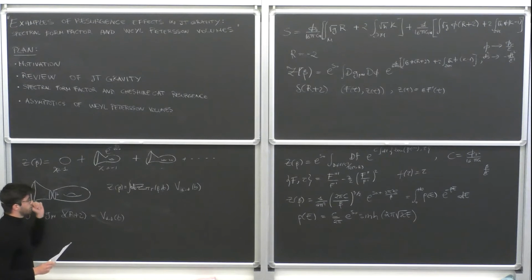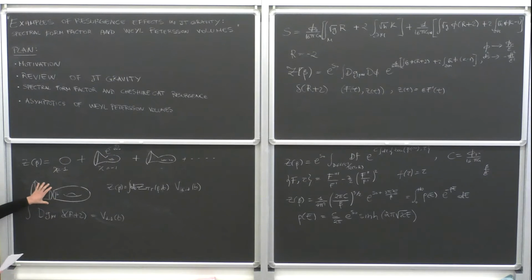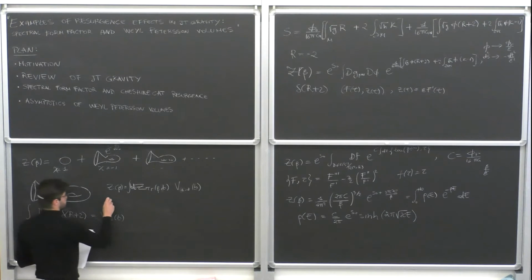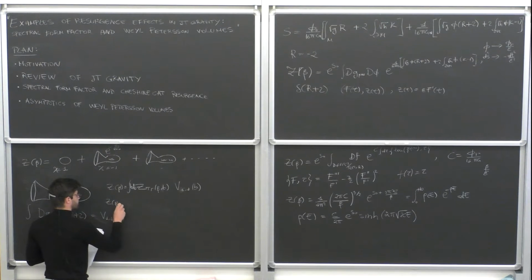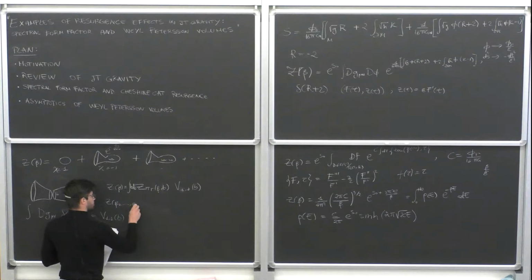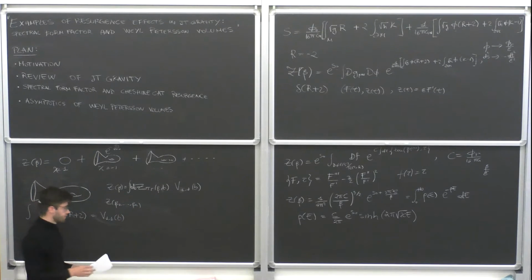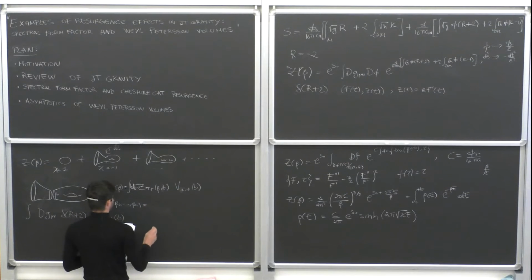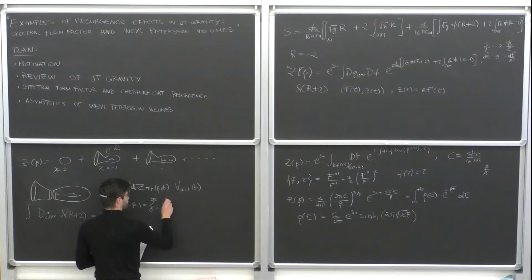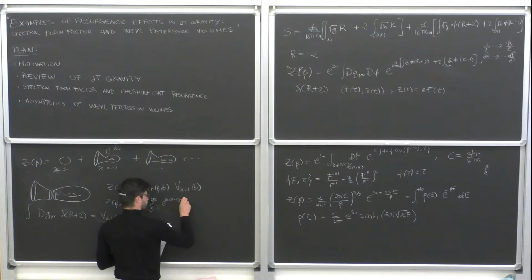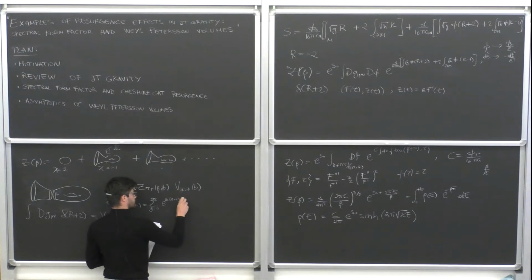And so if you perform this computation, let's say not for this case, but for the most generic case where you have not one asymptotic boundary, but n asymptotic boundaries, what you get is basically a structure of this type. You have to sum over all your different topologies, and each one of them is weighted by its Euler characteristic plus minus n.